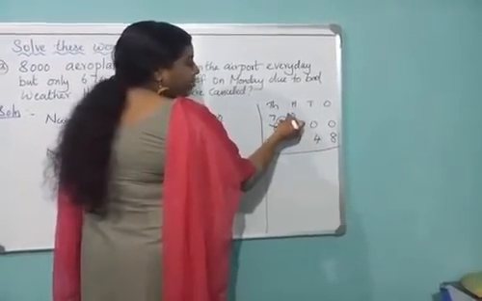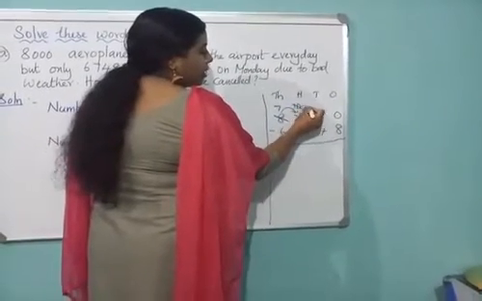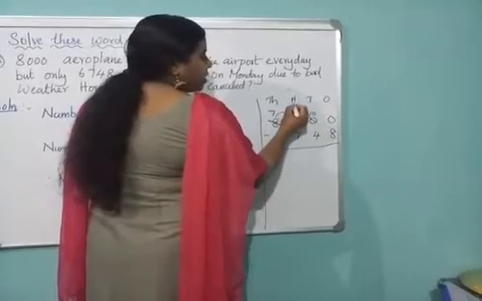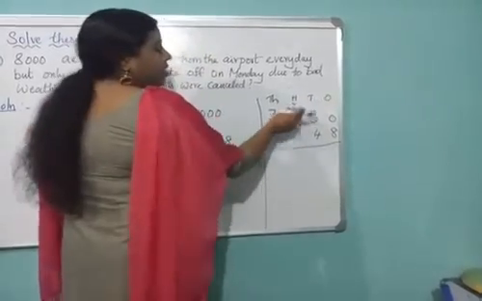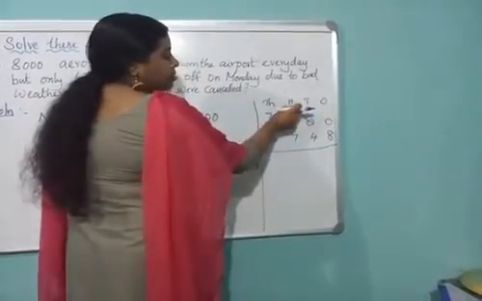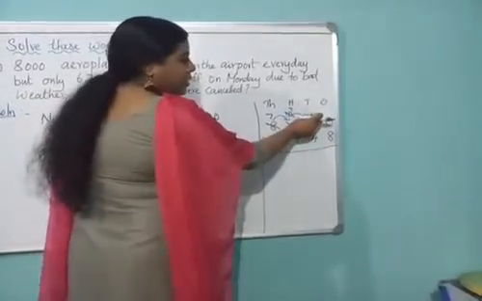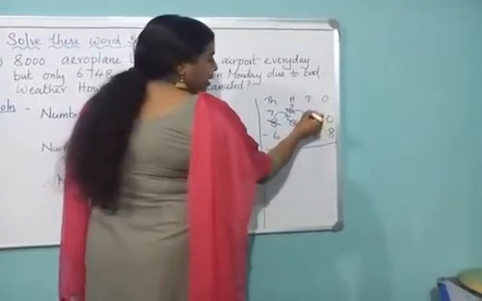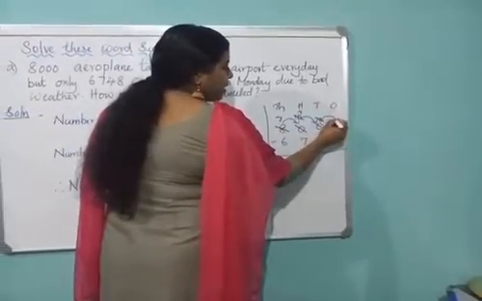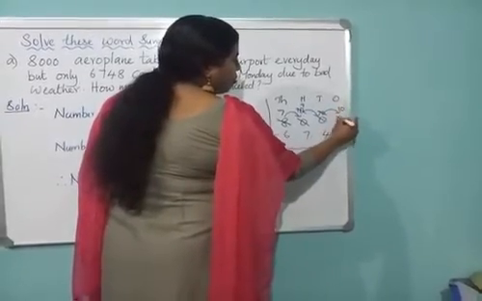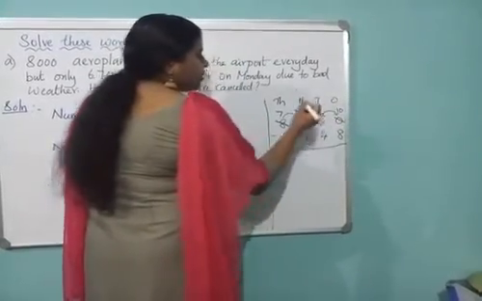From this, again 1 will go to the next side, and this becomes 10 tens and this becomes only 900. Then again 1 moves to this side and this becomes 10 now, whereas this number becomes 9.